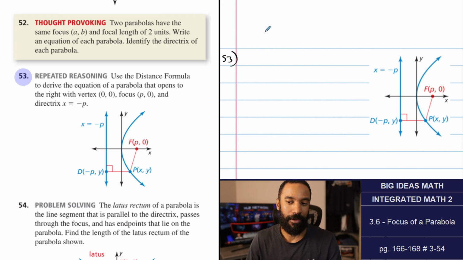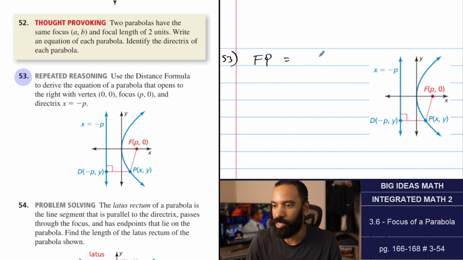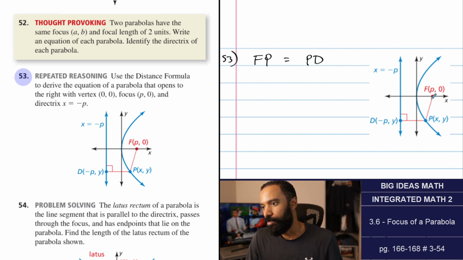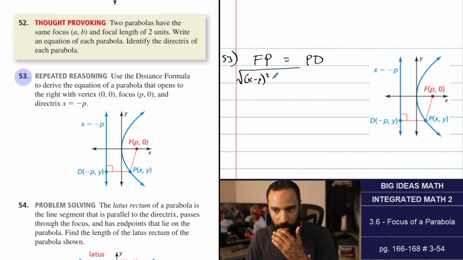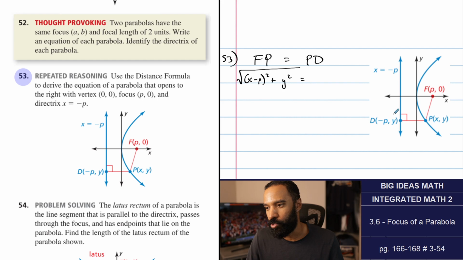I mean, it's good to do it. I'm not actually upset. So the distance FP is going to be equal to this distance, PD. The distance from F to P is the square root of x minus P quantity squared, plus y minus 0 quantity squared, that's y squared, and that equals PD's length.